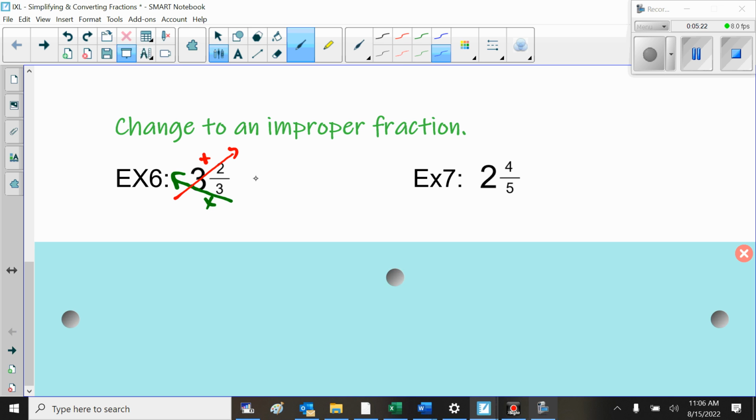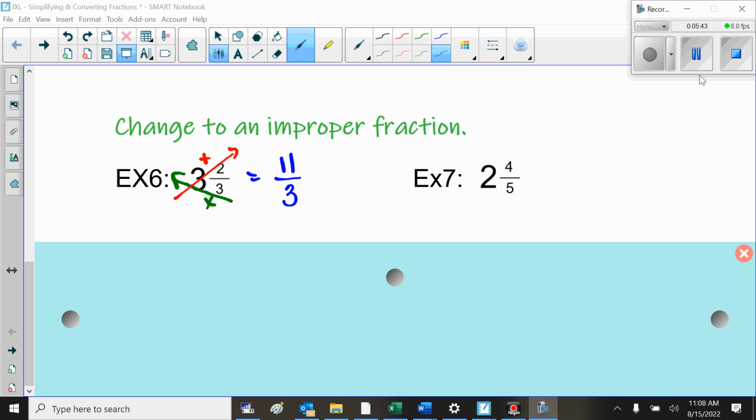So we've got 3 times 3, that gives me 9. And then 9 plus 2 gives me 11. And then the denominator, again, stays the same. Very good. So this is going to be 11/3.